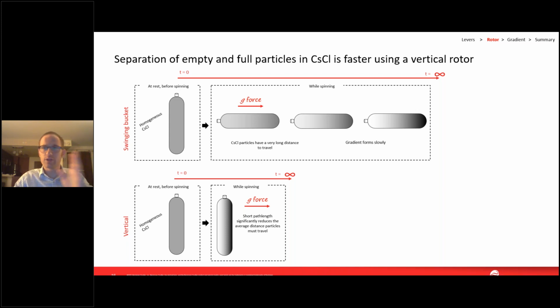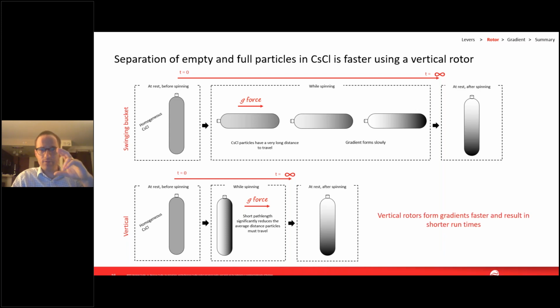As a result, the gradient forms more slowly. By contrast, in the vertical rotor, that gradient is going to be pretty shallow. There's just not much distance for the cesium chloride particles to go, and as a result, you can greatly decrease the amount of run time.